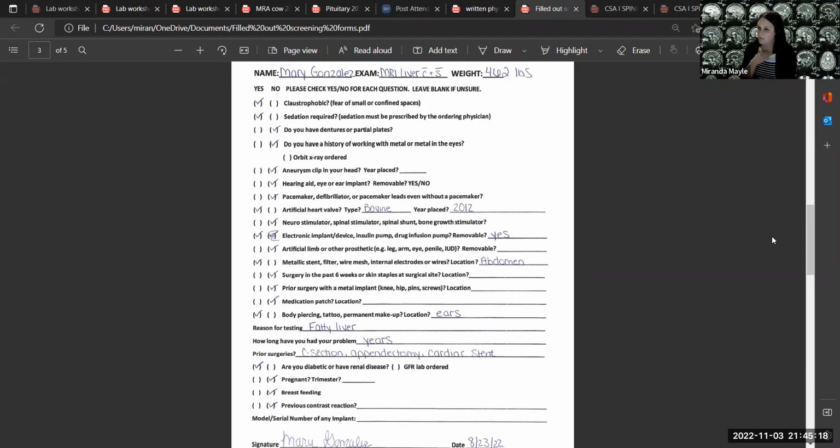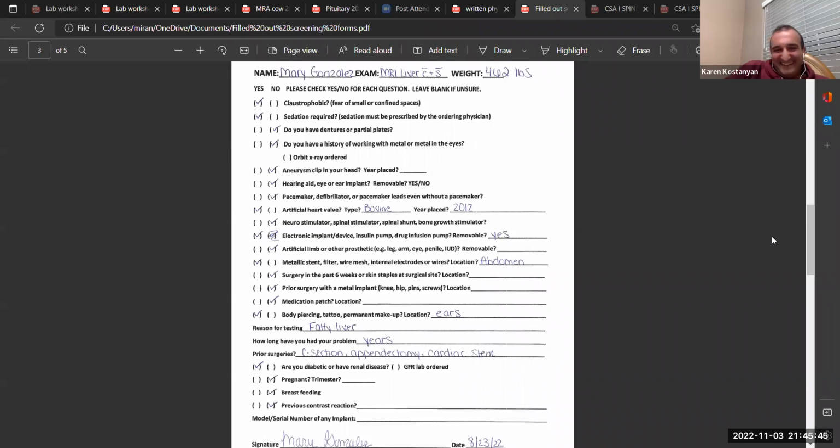So why do we care about being diabetic? What can happen if you inject contrast and I'm diabetic? What can happen to me? Just renal failure. You say just renal failure, like it's not just renal failure.